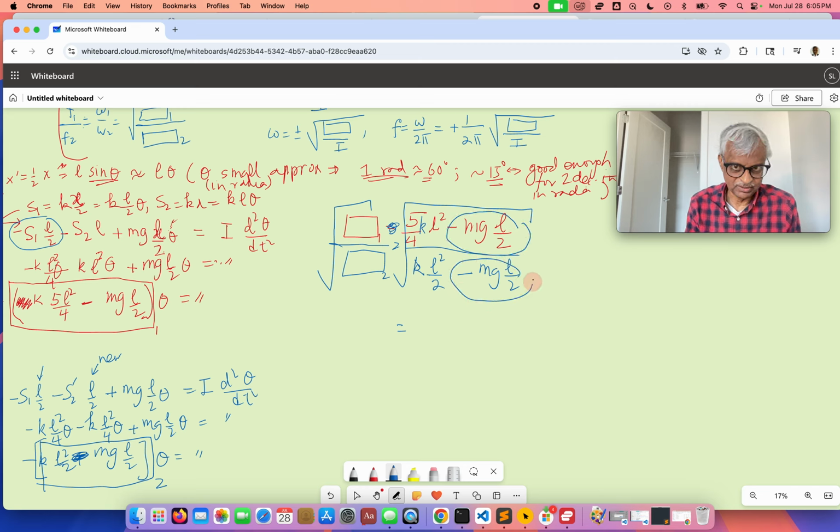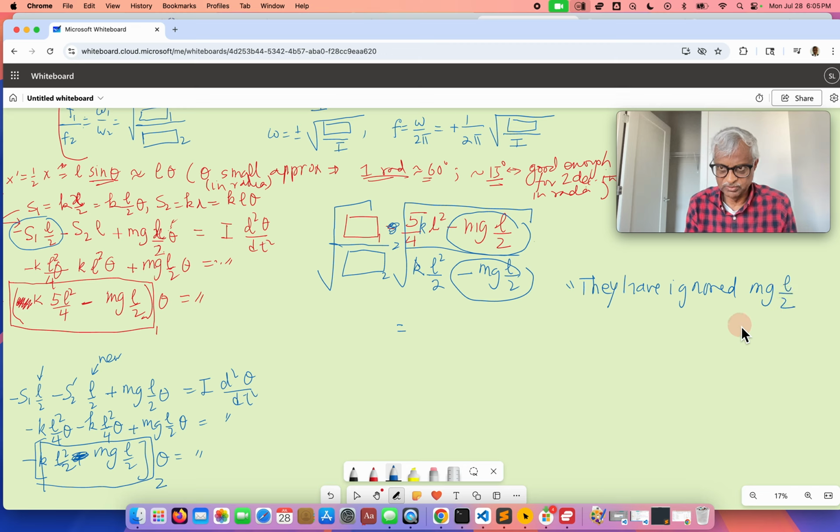They've ignored mg L over 2 in their solution, because if you ignore that, this is square root of 5 over 2, because this will simplify to that.